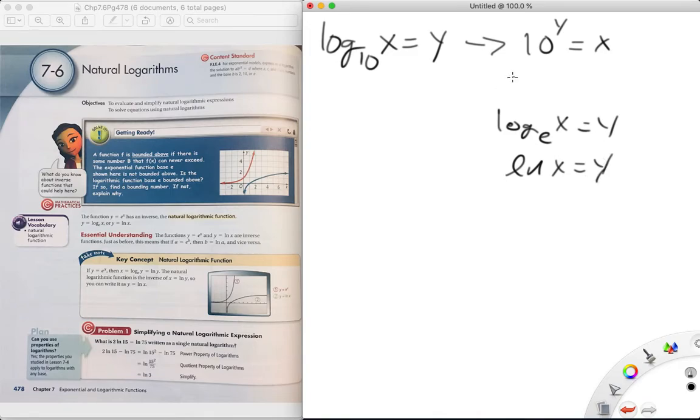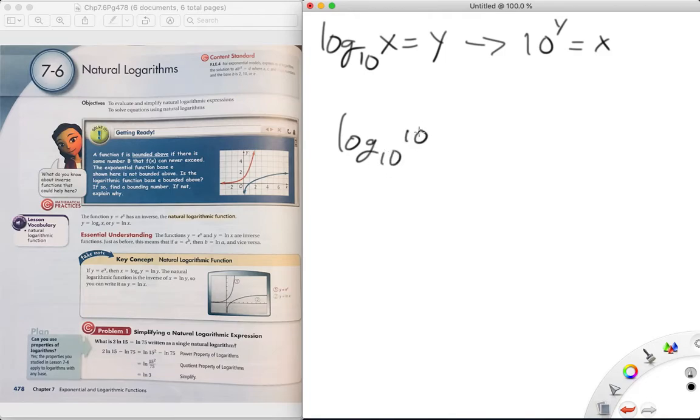So the inverses that we've done before with log and base 10: log base 10 of 10 equals 1, right? And then you raise 10 to the log of x equals x.